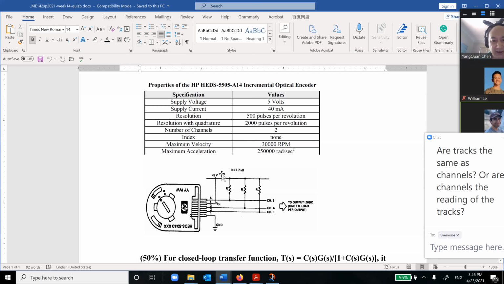But remember, you have this 5 volts, and you have R here, a 2.7 kilo ohm resistor. These resistors have a name: pull-up resistors.